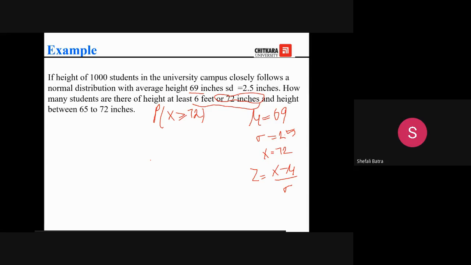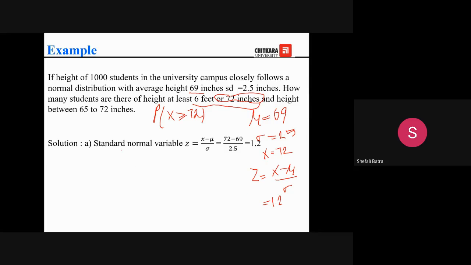1.2. Let us check. So standardized normal variable Z is X minus mu upon sigma, 72 minus 69 upon 2.5, 1.2, right? So it means you need to find out probability of Z greater than or equal to 1.2, right?